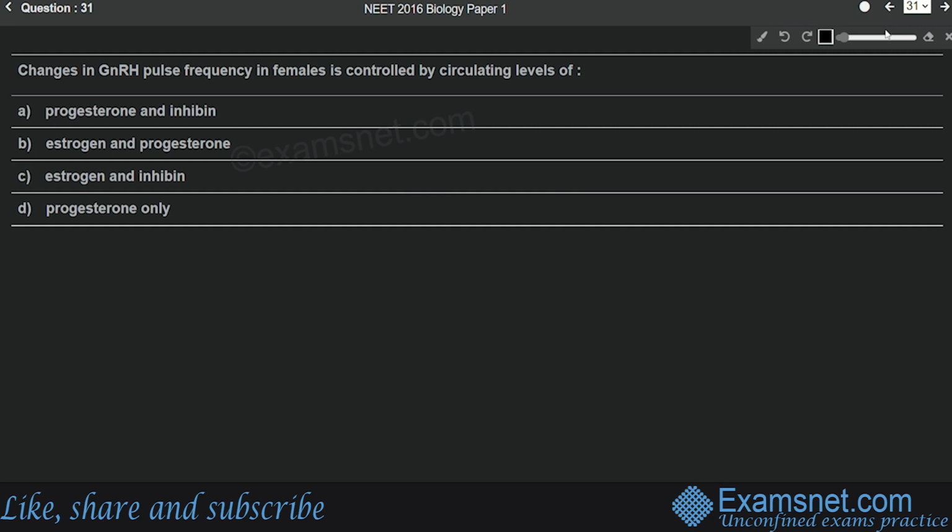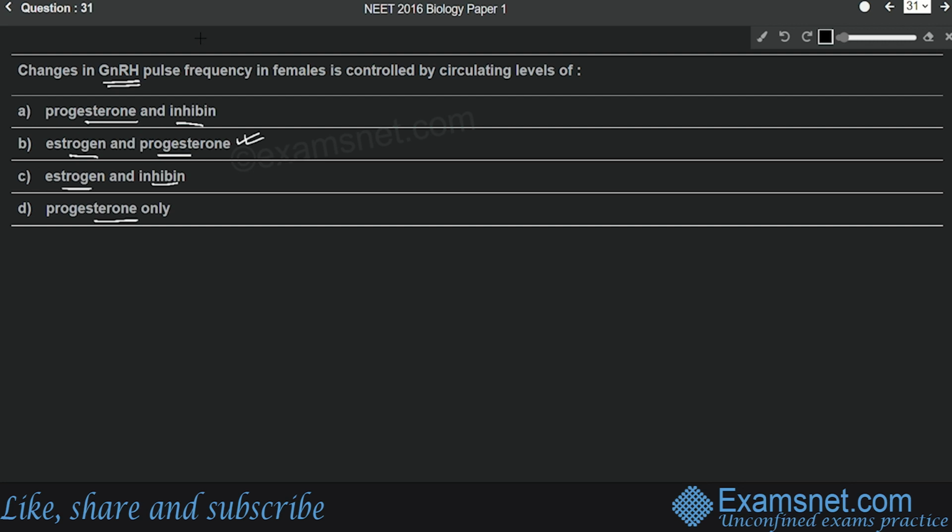Question number 31 is from the chapter Human Reproduction, and the question is, changes in GnRH pulse frequency in females is controlled by circulating levels of, options are progesterone and inhibin, estrogen and progesterone, estrogen and inhibin, and the last one is progesterone only. So the correct answer is option B, that is estrogen and progesterone. Okay. What is GnRH?